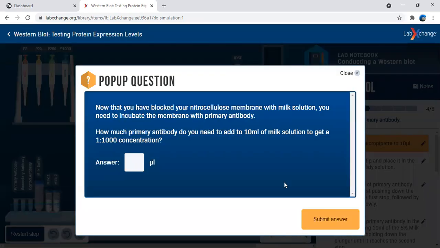Now that you have the blocked nitrocellulose membrane in milk solution, you need to incubate it with the primary antibody. How much primary antibody do you need to add to 10 ml milk solution to get a 1 to 1,000 concentration? 10 ml would be 10,000 microliters. So if I needed 1 to 1,000, that would be 10.